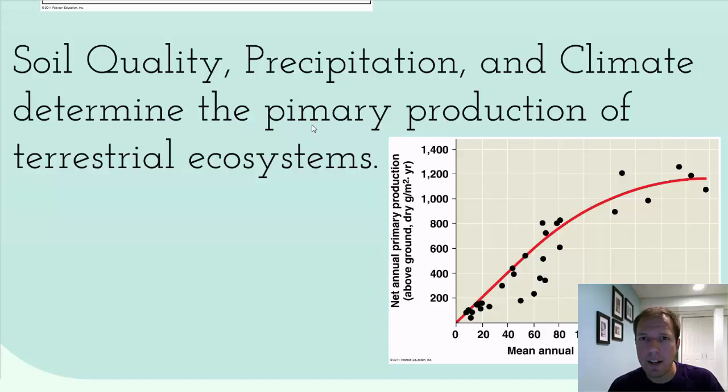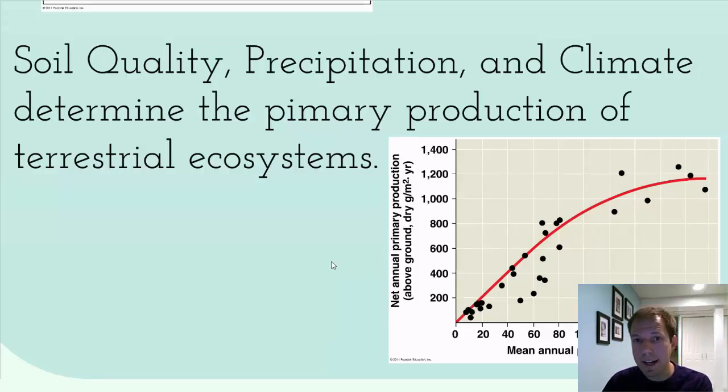Soil quality, in terms of the depth and particularly the nutrient composition, as well as the amount of water, which is greatly influenced by climate, are going to primarily influence the primary production within terrestrial ecosystems. Primary production is the total amount of mass of plants, of any species, growing within that place. So as precipitation increases, as you can see in this graph, the amount of plant life will be able to increase with it fairly steadily.